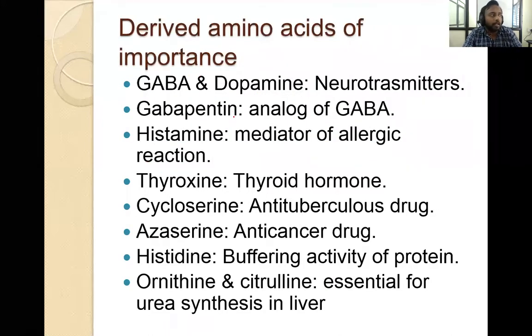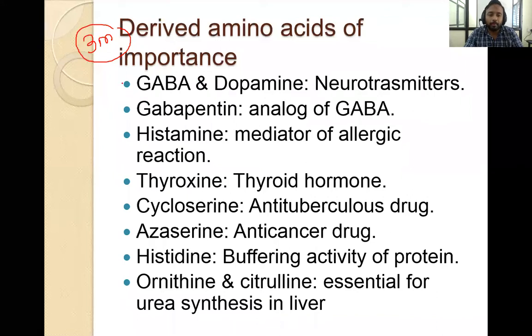So we have seen decarboxylation reaction, transamination reaction, deamination reaction, trans-deamination reaction, and transmethylation. Now the last portion of this amino acid topic is examples of important derived amino acids, which can be asked in the exam as a 3-mark question. They'll ask you for examples of biologically important derived amino acids.